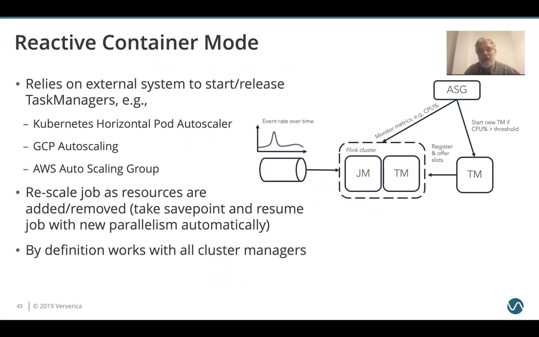And we would rely on those mechanisms to scale up and down the task manager deployment. And Flink would just react to the disappearance or appearance of new resources and run accordingly.